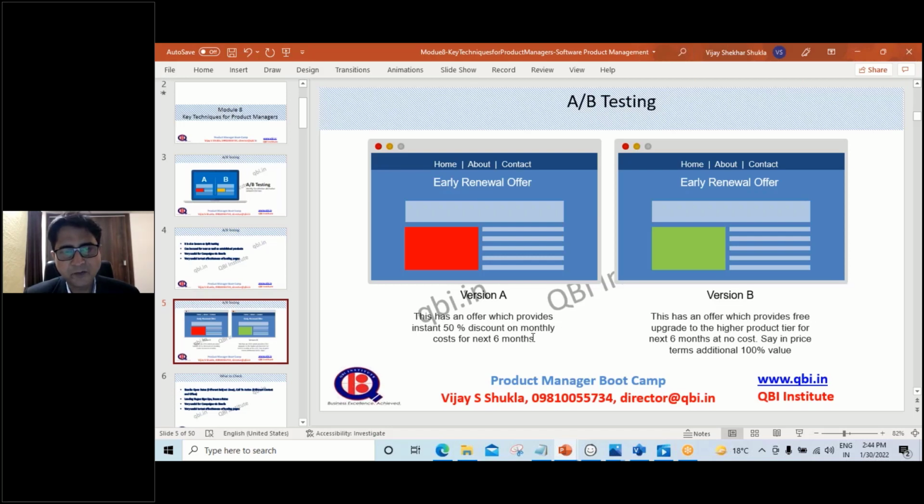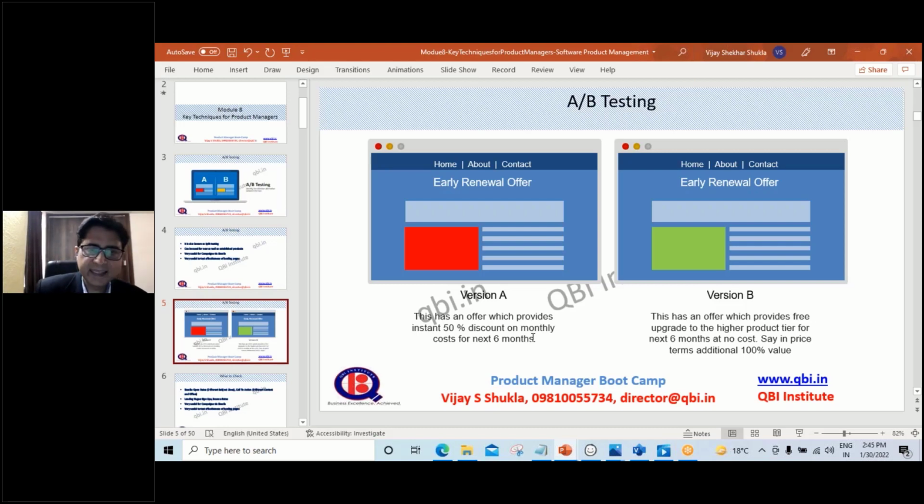So they have an offer that if you renew early, a discount is going to be given to you. There can be another offer, which is also an early renewal offer. This is an offer which provides a free upgrade to the higher product tier for the next 6 months, say at no cost. In price terms, 100% of additional value.